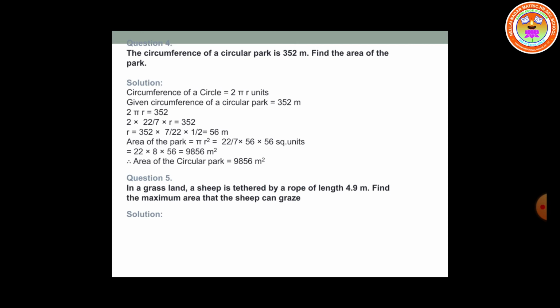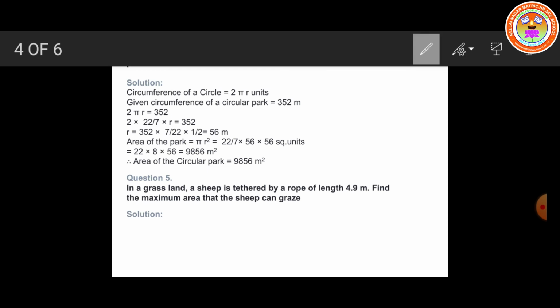So r is equal to 352 into, the left side 22 by 7 going to the right side becomes the reciprocal, 7 by 22, into 2 by 1, which can be written as 1 by 2. You are going to write that one: 352 into 7 by 22 into 1 by 2.